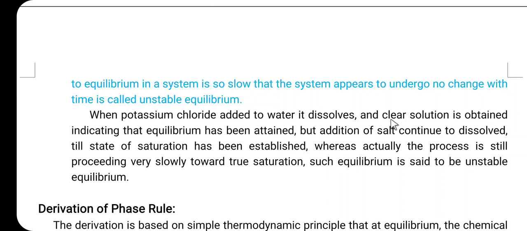So, it dissolves and a clear solution is obtained, indicating that equilibrium has been attained. The salt continues to dissolve till the state of saturation has been established, whereas actually the process is still proceeding very slowly toward the true saturation. Such an equilibrium is said to be the unstable equilibrium.